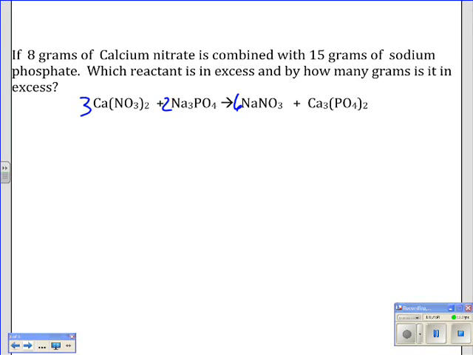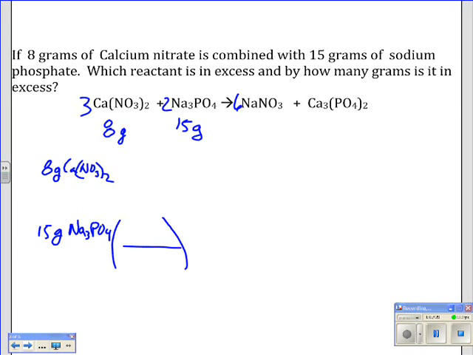Now I've got 8 grams of calcium nitrate and 15 grams of that one. So now I've got to figure out which one's in excess. My first step is I need to take both of those, 8 grams of calcium nitrate and 15 grams of sodium phosphate, and turn them into moles.